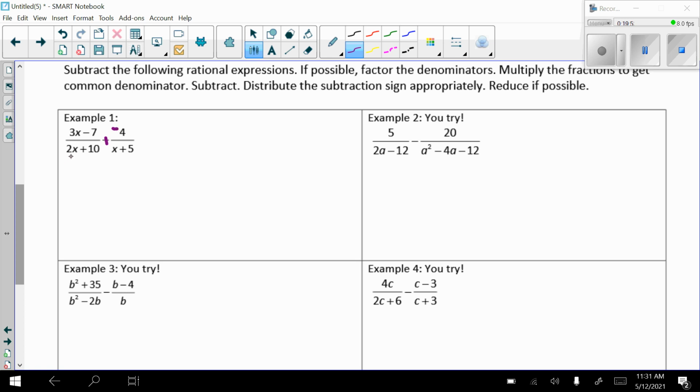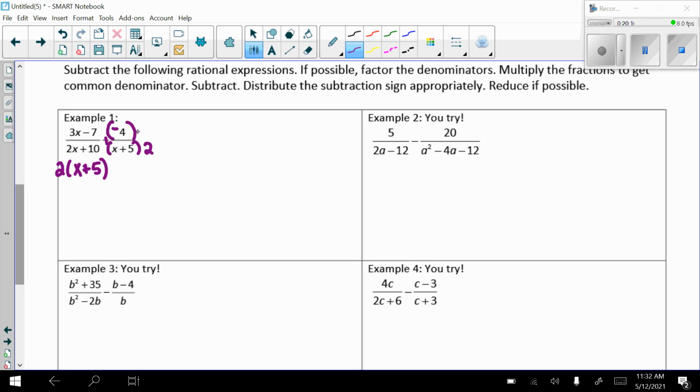Okay, so first thing we're going to do, we're going to factor out these denominators if we can. The first one we can factor. The second one we can't factor. So now we have to look and we have to say, what does this denominator have that this denominator does not have? Well, it's missing a 2.